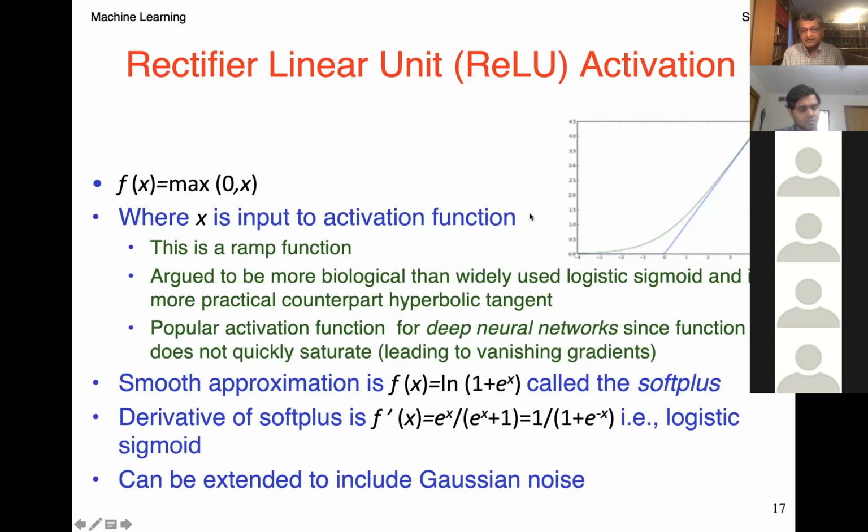The word rectifier comes from an electrical engineering term. When you have an input signal, for example alternating current, the voltage can go from positive to negative like that. So you have a sinusoid shape of the voltage, alternating current. Batteries, on the other hand, are direct current.